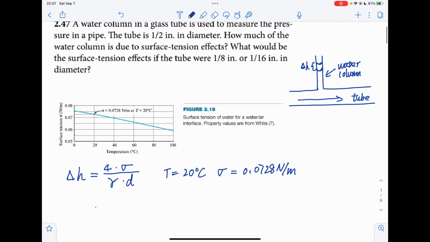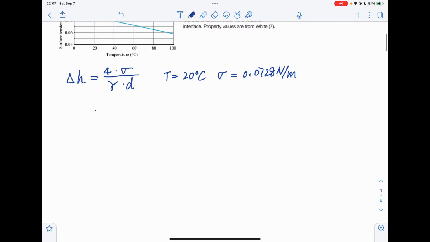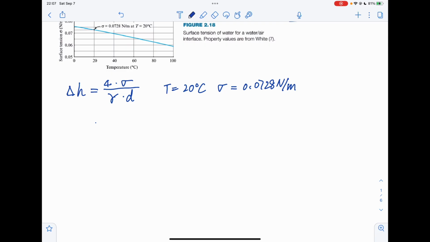But our problem is in English units, so we need to convert the sigma to English units.